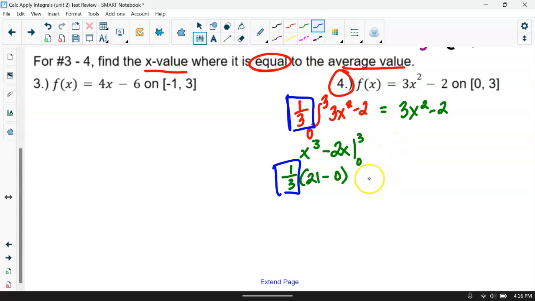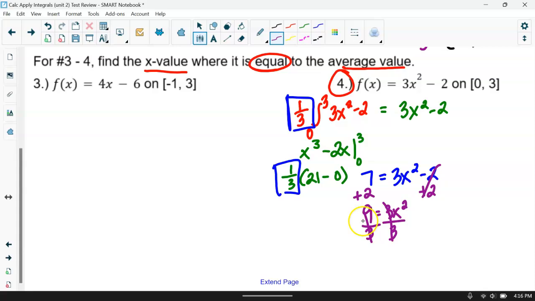So now we've got 7 is equal to 3x squared minus 2. Set the average value equal to the function and solve. So now here, we just solve like any other equation, solving for x. Add 2, 9 is equal to 3x squared. Now divide by 3.